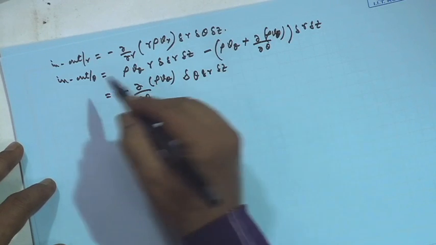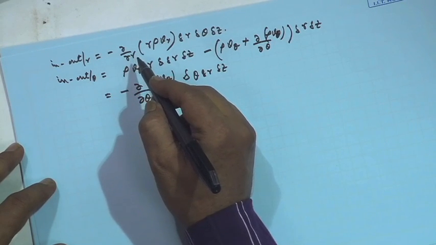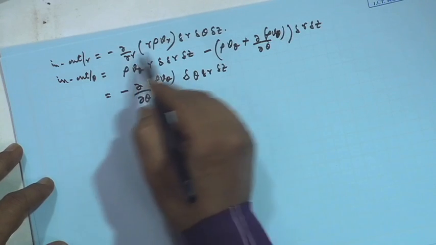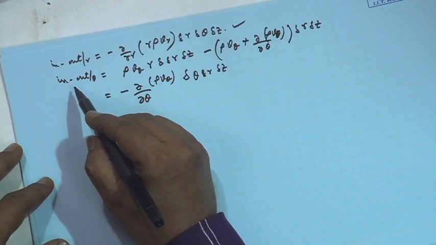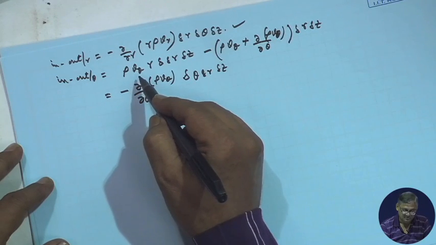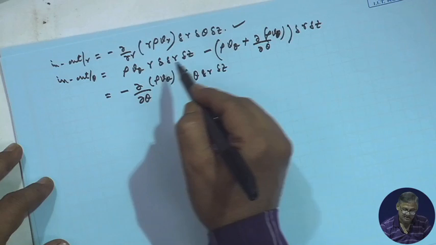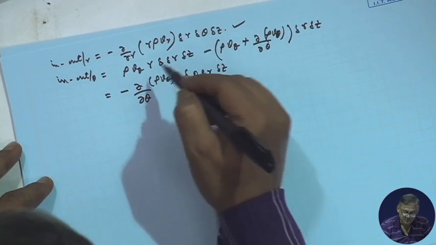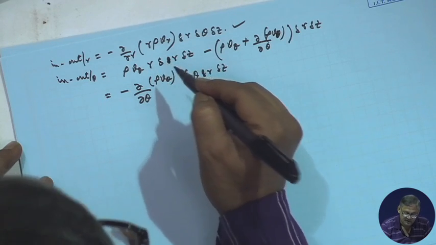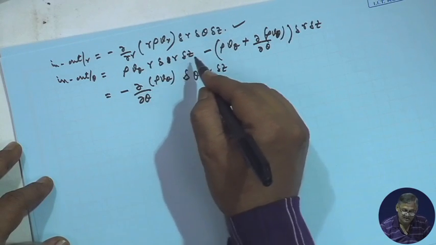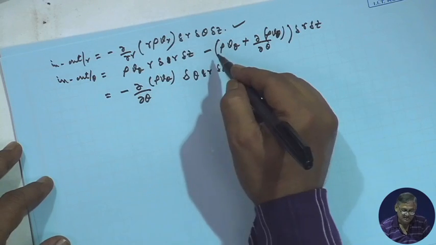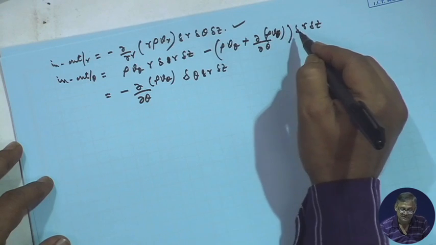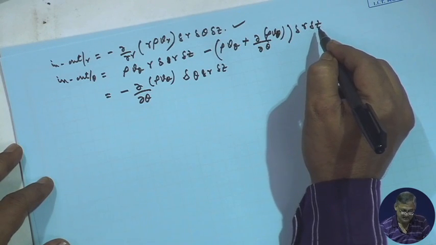Right? So this was for r coordinate. In the theta coordinate, in was rho V theta r del r del z. So r del r into del z, that was for in, and for the out it was rho V theta plus del theta of rho V theta into del r del z, right.